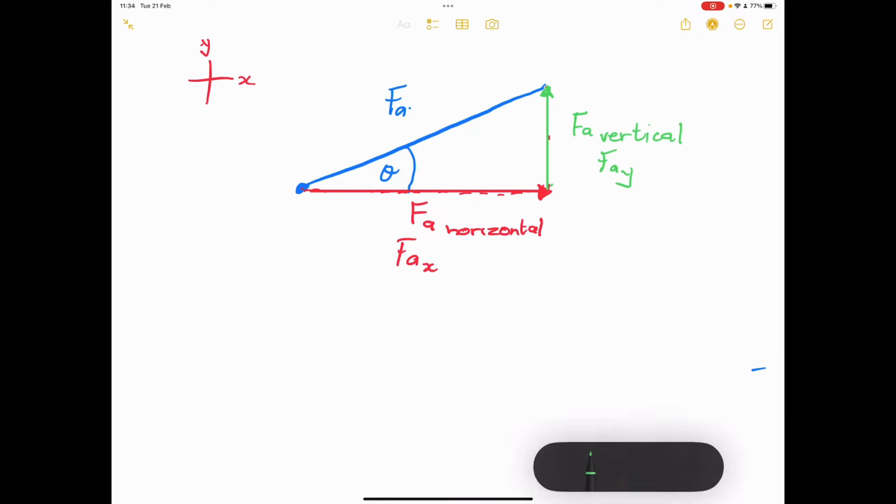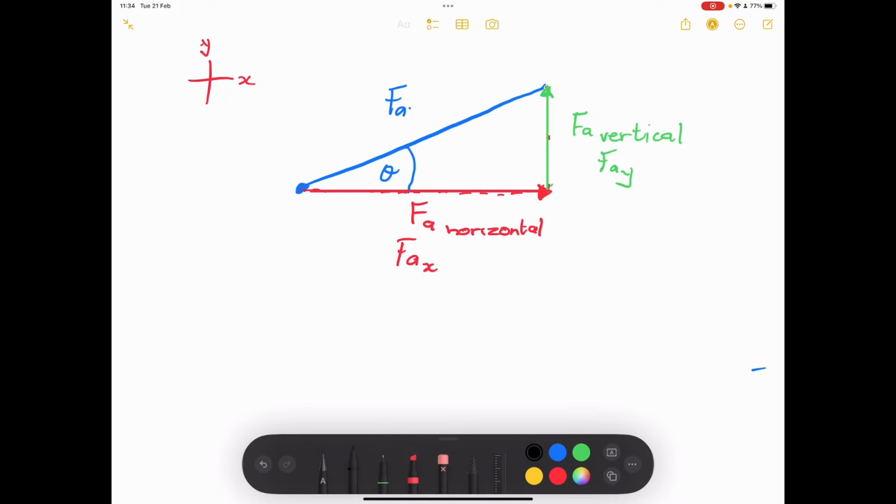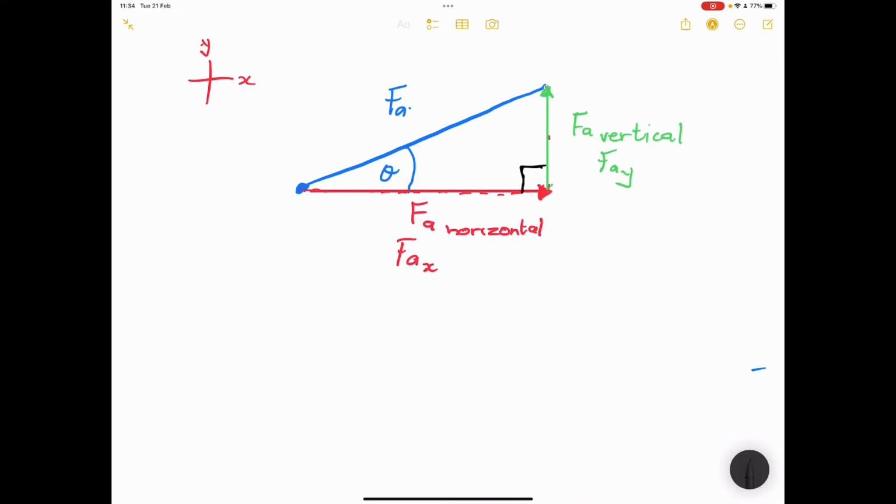We are back to our 90-degree triangle, horizontal and vertical. We'll make a 90-degree triangle over there. So there's our 90 degrees, which means that we can use our trig ratios. Remember, the longest side we always call the hypotenuse.